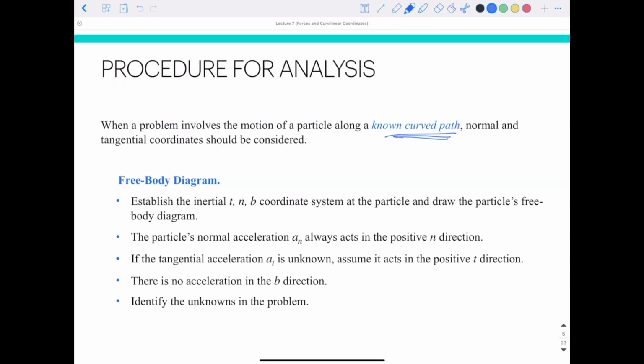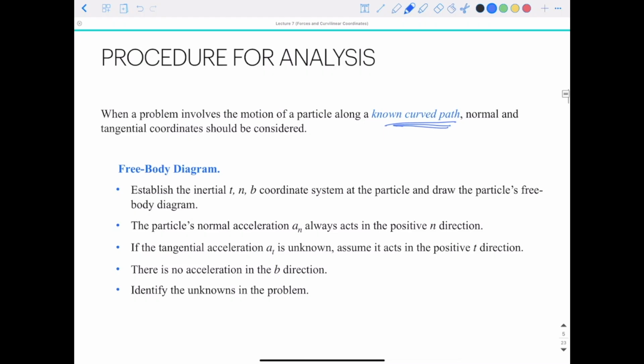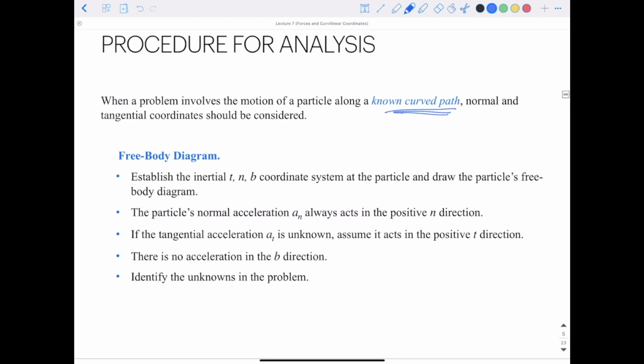To solve the problems, you always need to include a free body diagram. In your free body diagram, you'll establish the coordinate system that you're going to choose, and it's going to be located at the particle for the nt coordinate system. The particle's normal acceleration always acts in the positive n direction, or positive an is in the positive n direction.